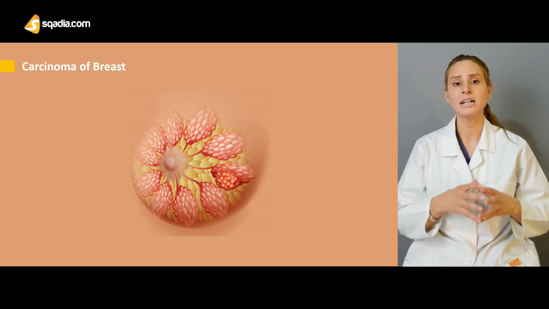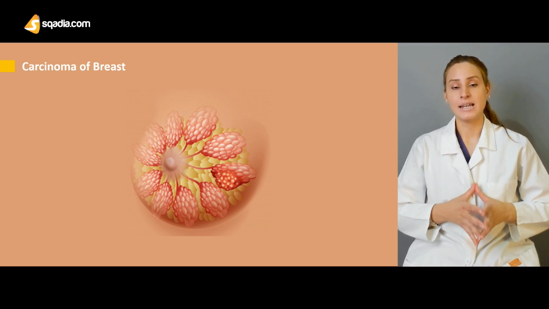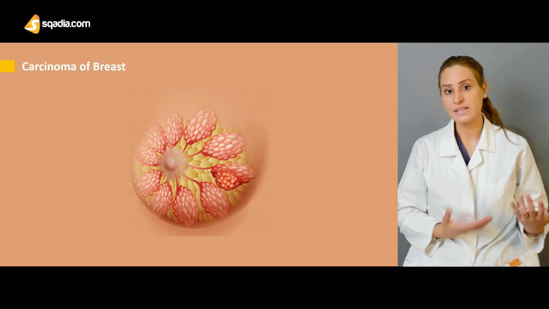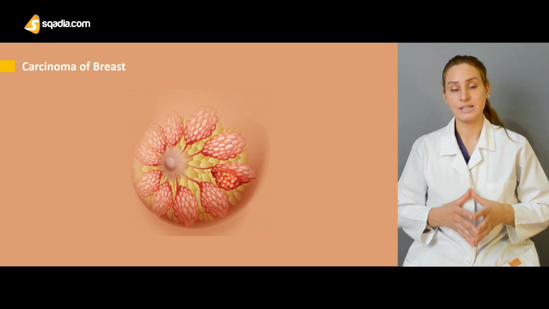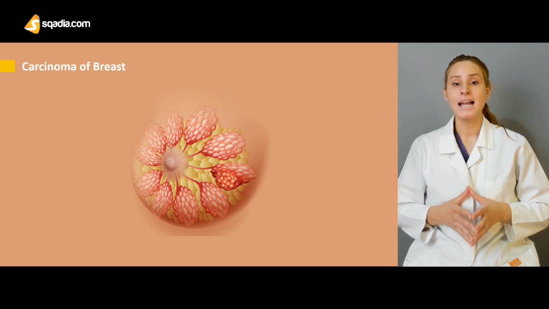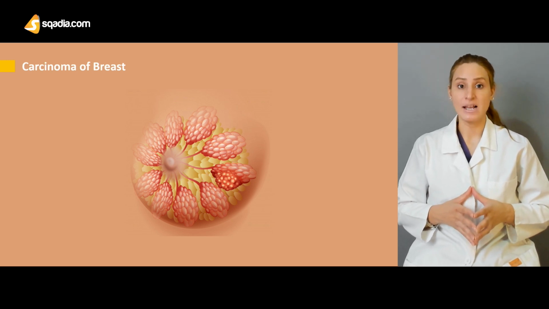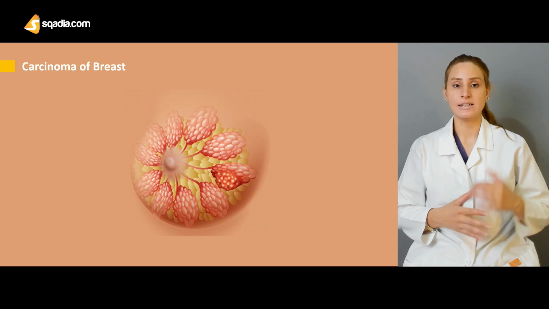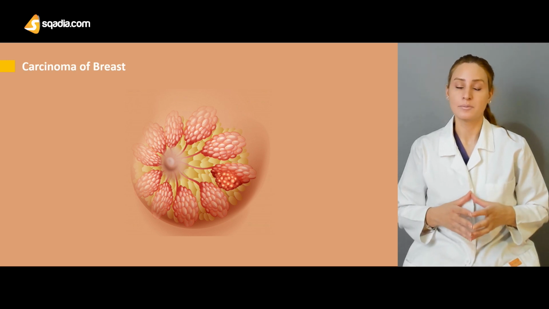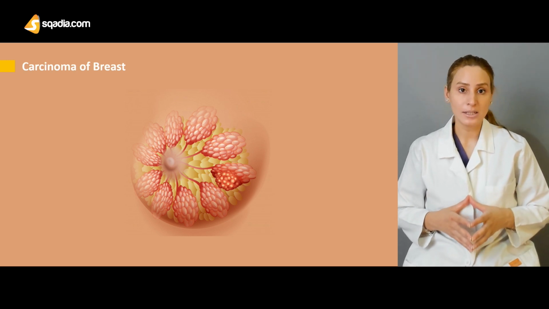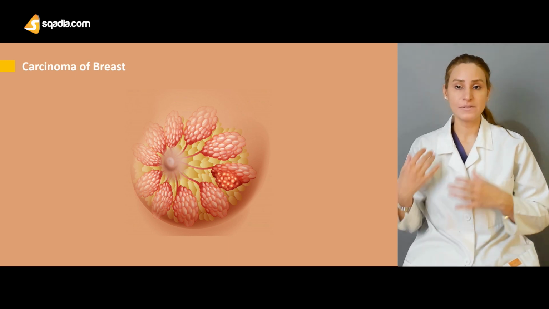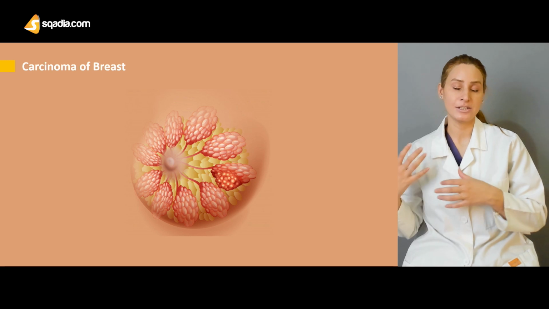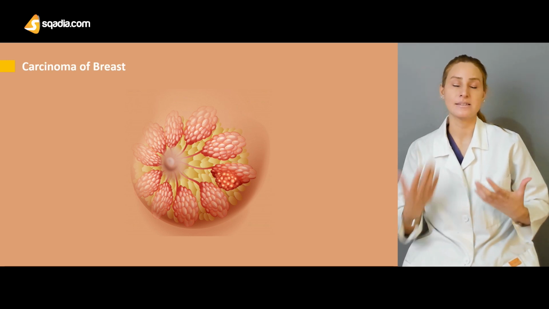When you talk about the blood supply, most of the time the branches of the internal mammary artery, also called the internal thoracic artery, supply the breast. When you talk about the lymphatic drainage, most of the time it drains into the sentinel nodes.